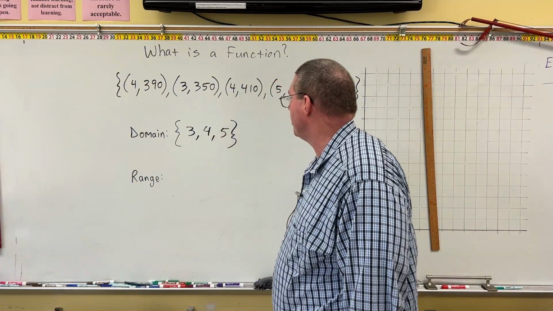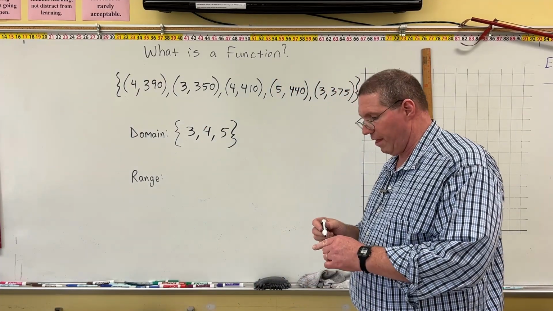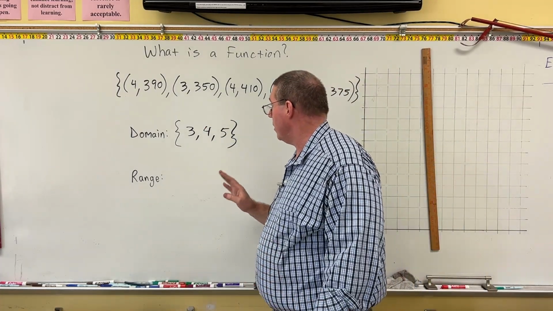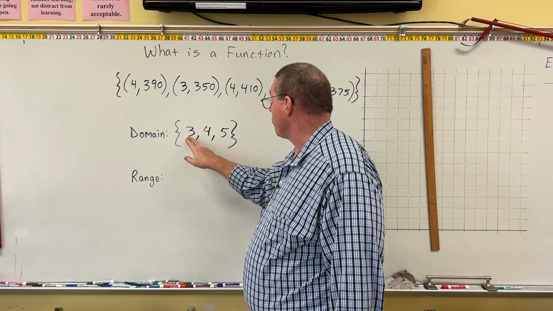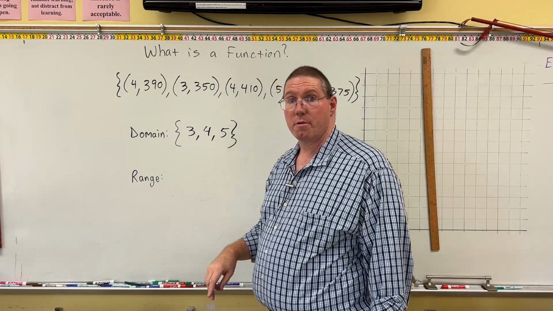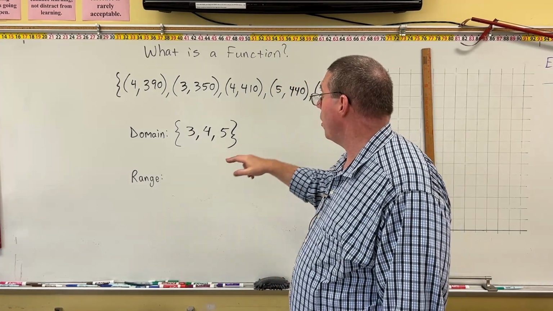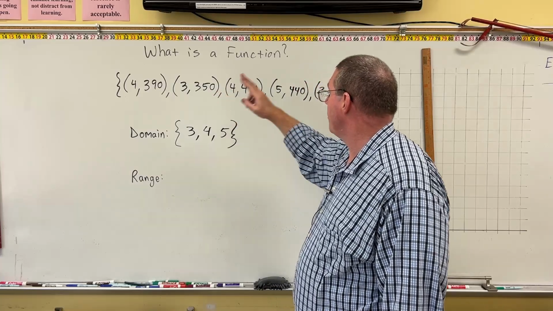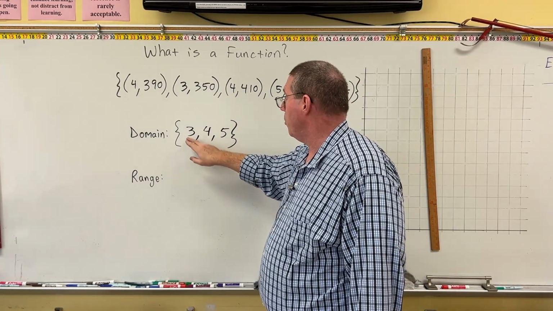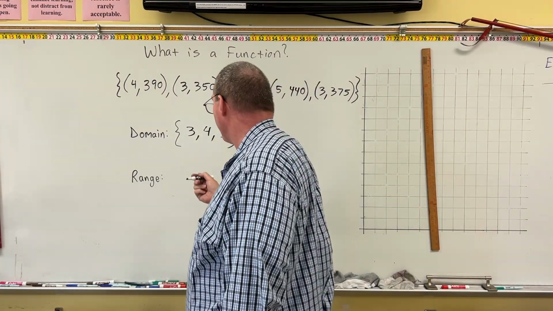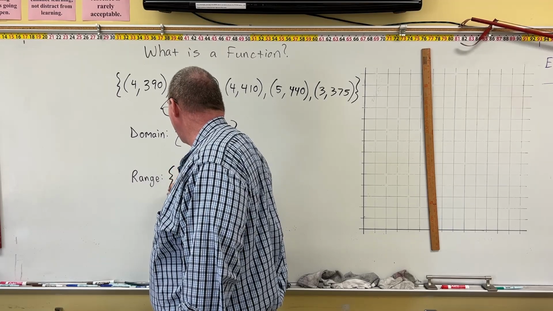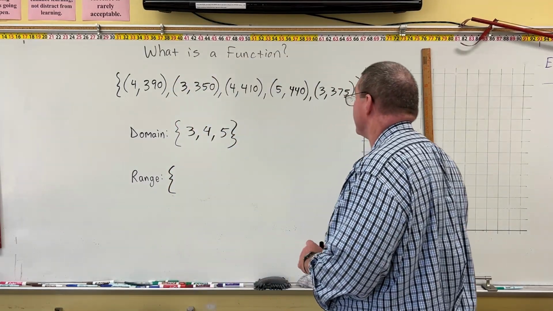This is the collection of inputs. All of the houses in the set have either 3, 4, or 5 bedrooms, okay? Even though 4 shows up twice, we don't put 4 twice, and even though 3 shows up twice, we only put it 1 time.